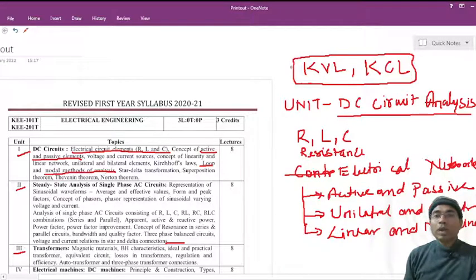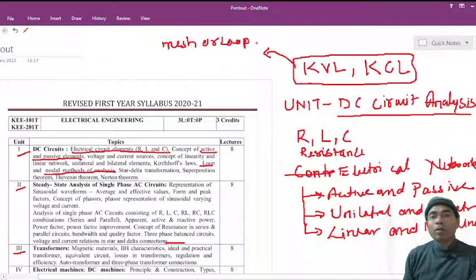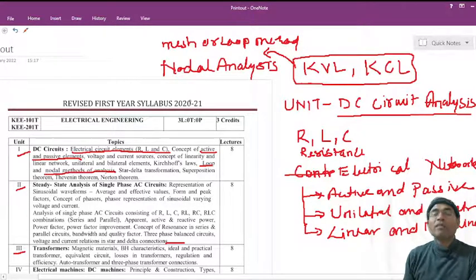So you will apply KVL in the circuit using the mesh or loop method, or you can apply KVL in the circuit using nodal analysis. These are the methods to apply KVL in the circuit.